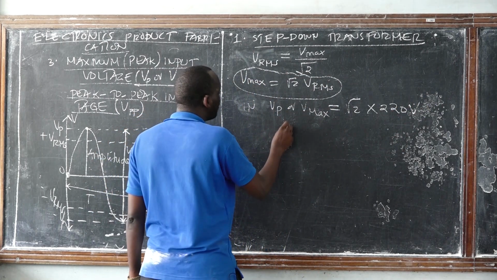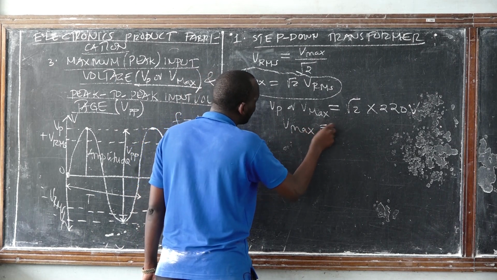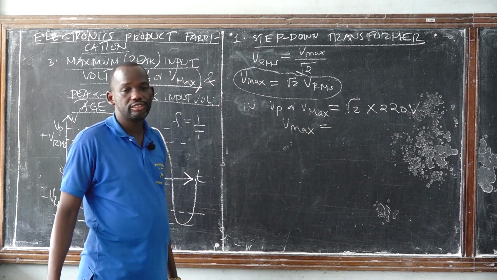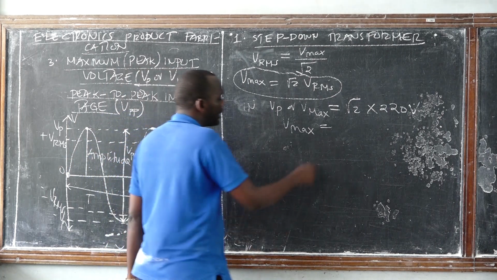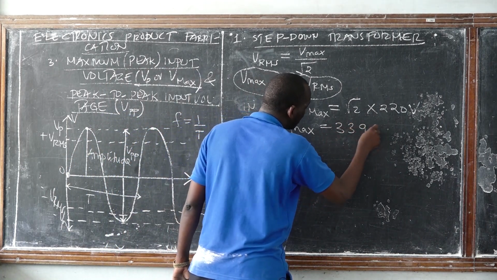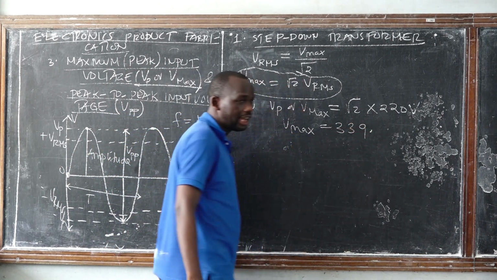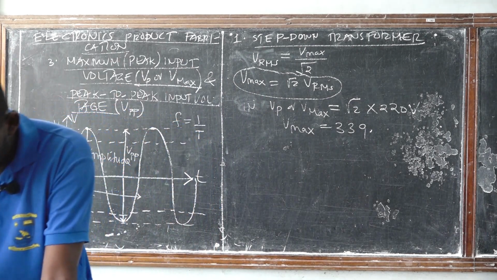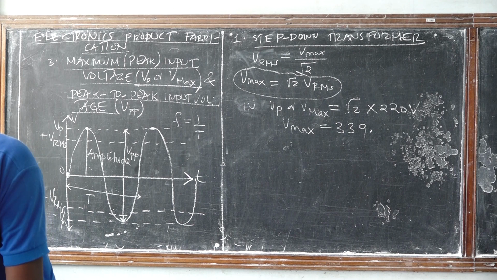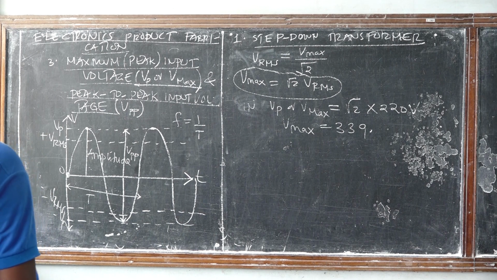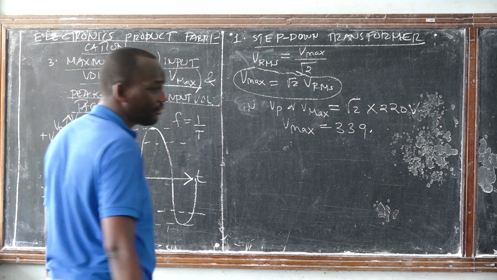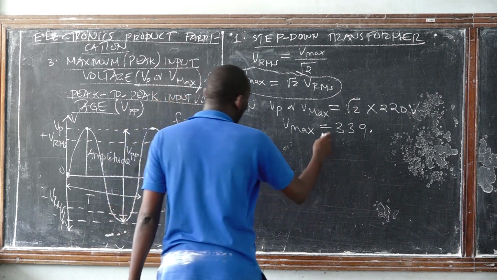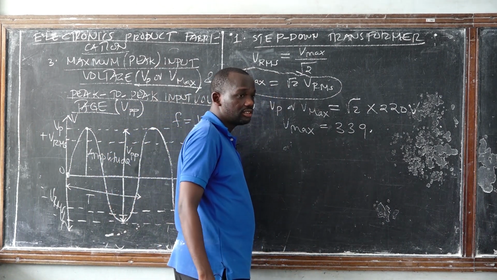So V maximum or V peak, what can you get after you compute? 311.28. And square root of 2, Kankesha, is equal to what? 1.414. So 311.12.